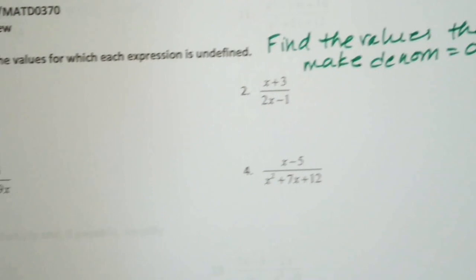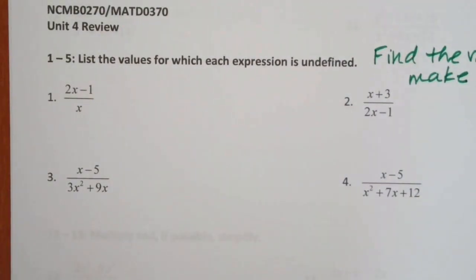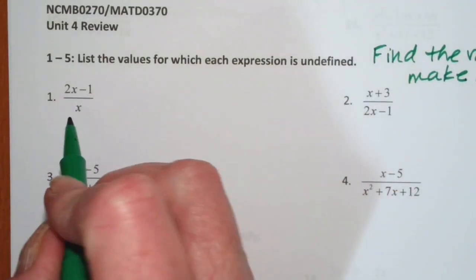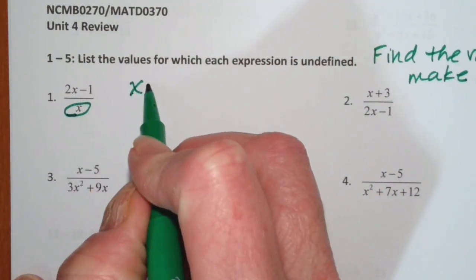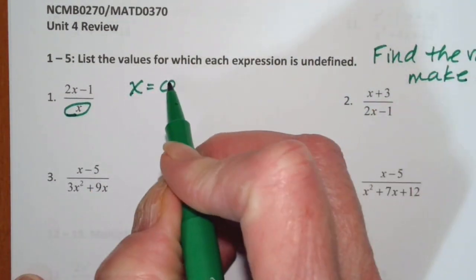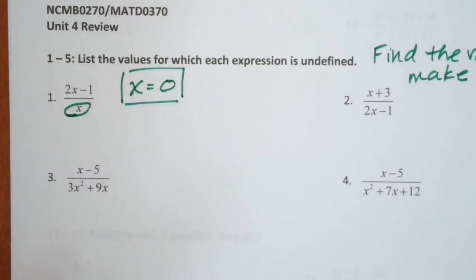Because if the denominator is 0, the expression is undefined. So all I have to do is look at the denominator. I don't care about the numerator. So what I do is I take the denominator and set it equal to 0. So in this case, it's just x equals 0.